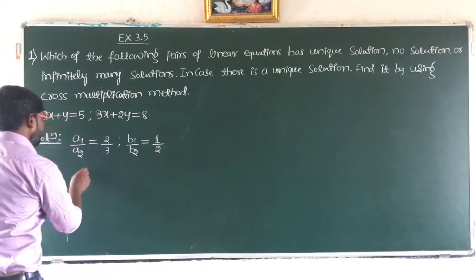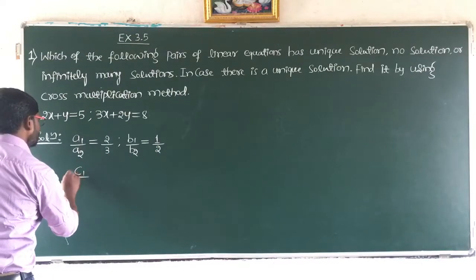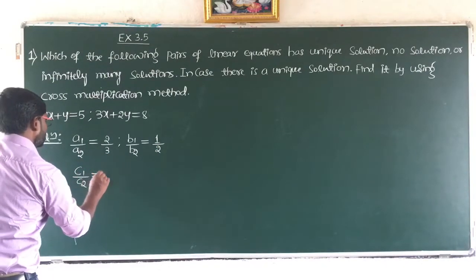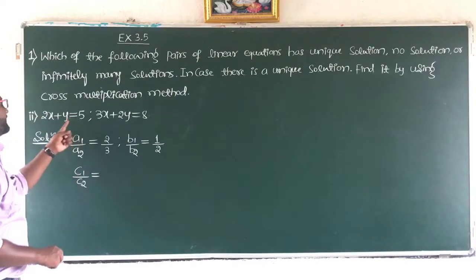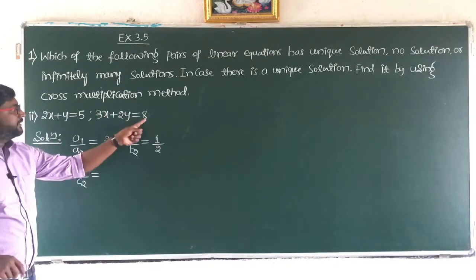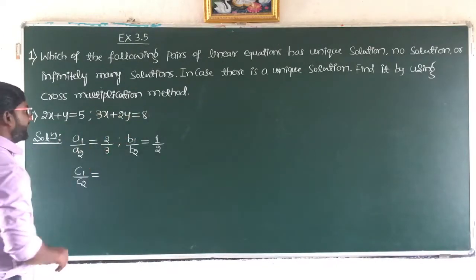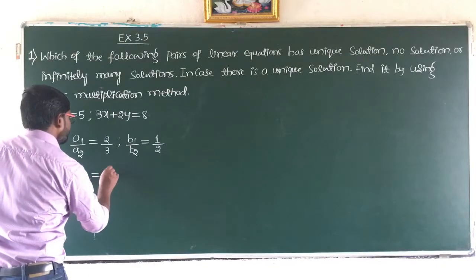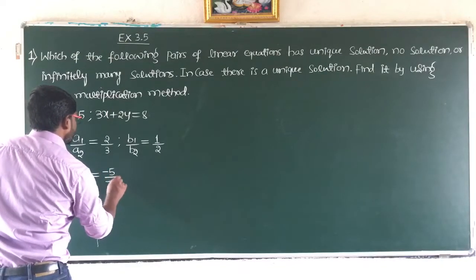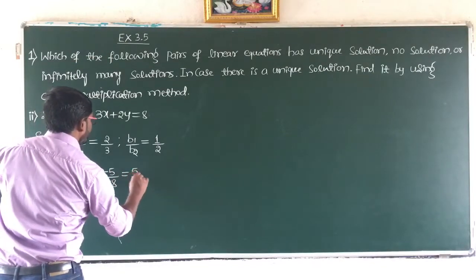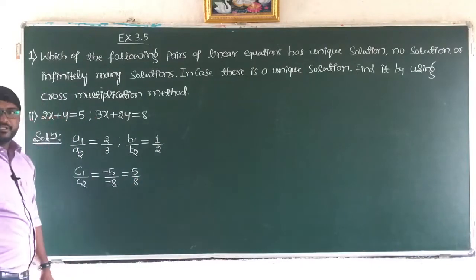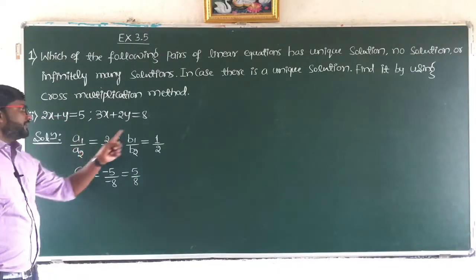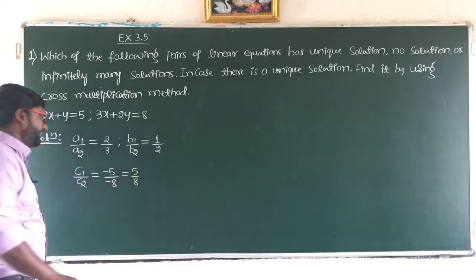Then C1 by C2: take 5 to the LHS, it becomes minus 5, and 8 to the LHS becomes minus 8. So C1 by C2 is minus 5 divided by minus 8, which is 5 by 8. Comparing the ratios, A1 by A2 is not equal to B1 by B2.